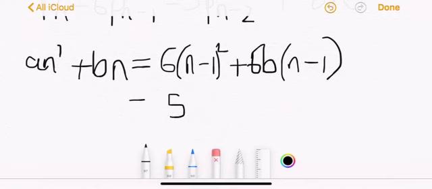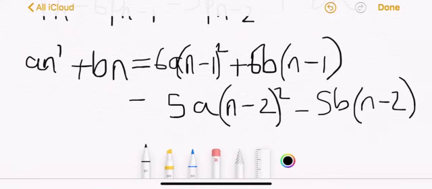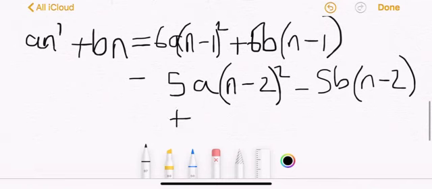Oh, I'm missing an a. This here should be 6a. So 6a(n-1) squared plus 6b(n-1) minus 5a(n-2) squared minus 5b(n-2) plus 8n. And what we want to do is simplify that as much as possible.